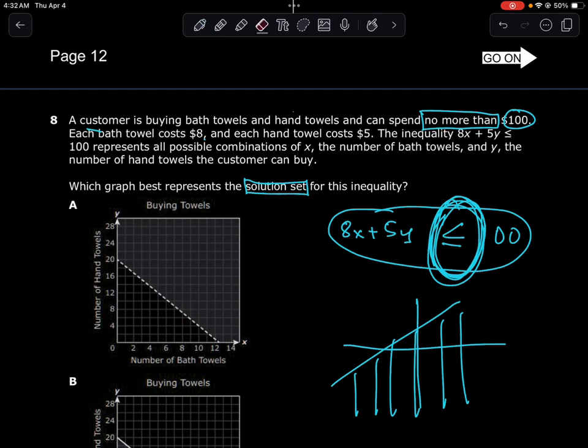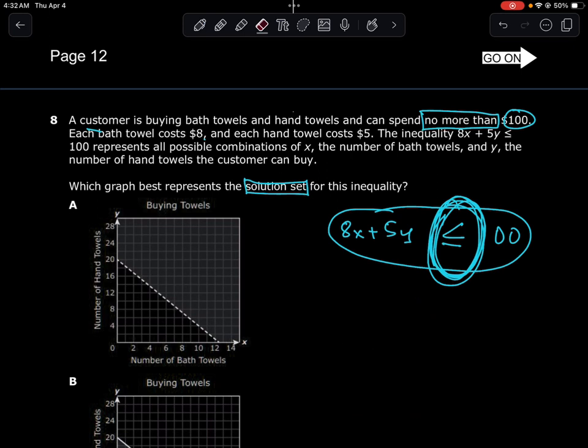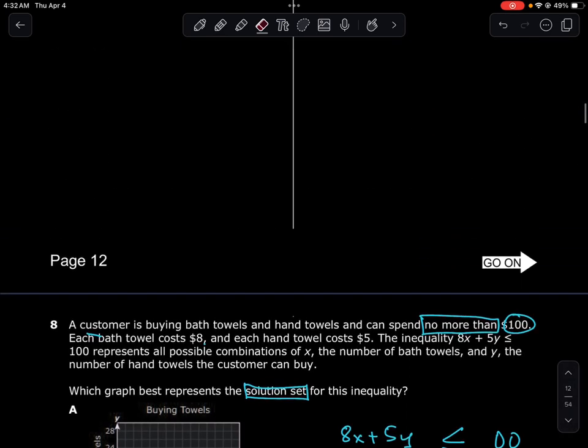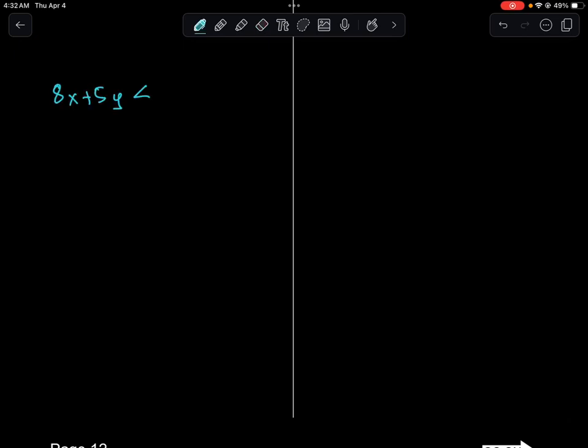Now let's see how I would isolate y, in which case the inequality flips. Okay, 8x plus 5y less than or equal to 100.